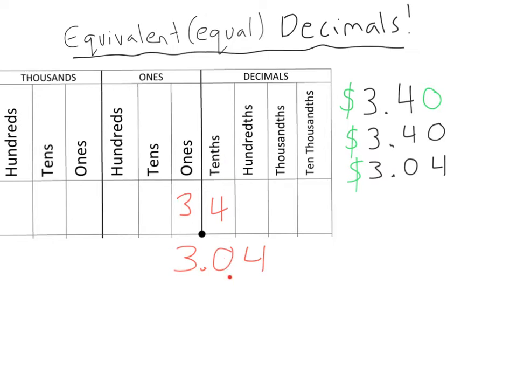So already that's different. Because we know prices, this suggests 4 dimes or 4/10, and this has no dimes. Over here, in the hundredths, which is like the pennies, there's 0 in this first number and a value of 4 in this second. So it has 4 pennies, this one has no pennies. These numbers are not equivalent.